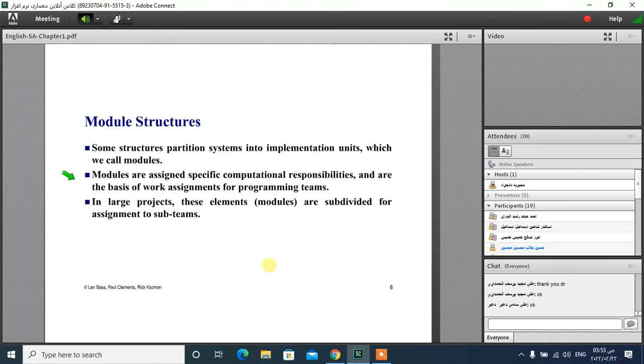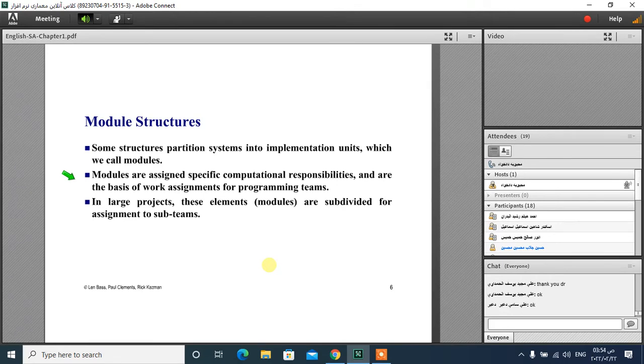Modules are assigned specific computational responsibilities. So the computational responsibilities that are done by our software system are usually implemented in modules. And modules are the basis of work assignments for programming teams.